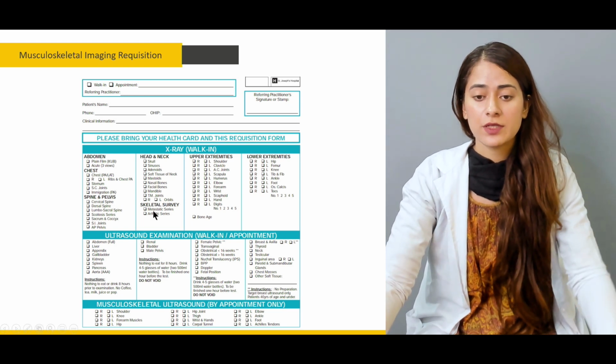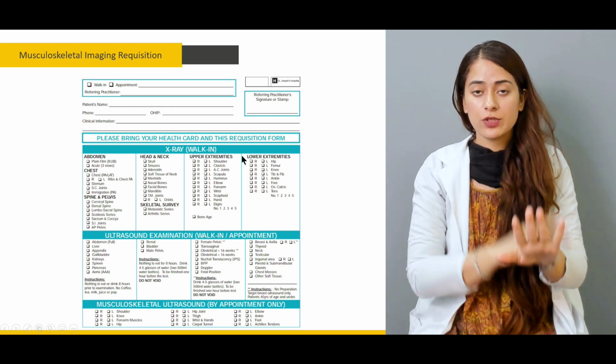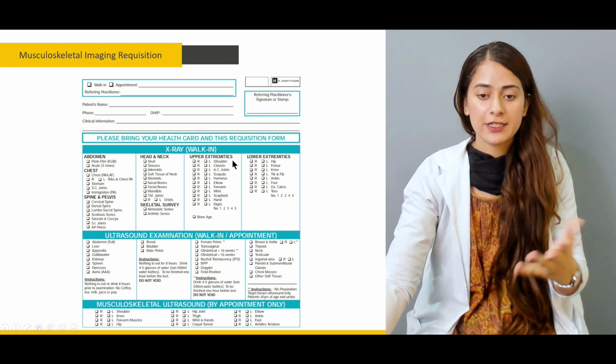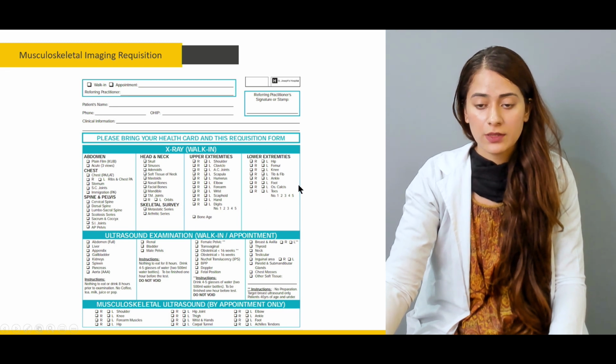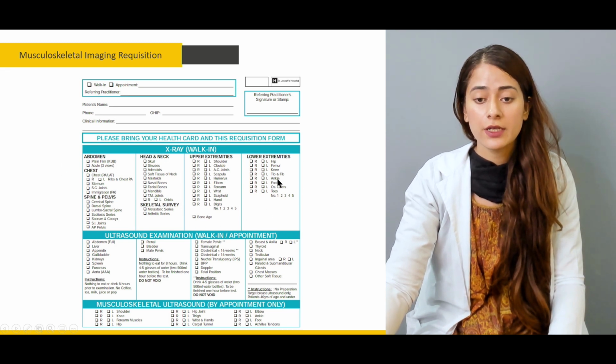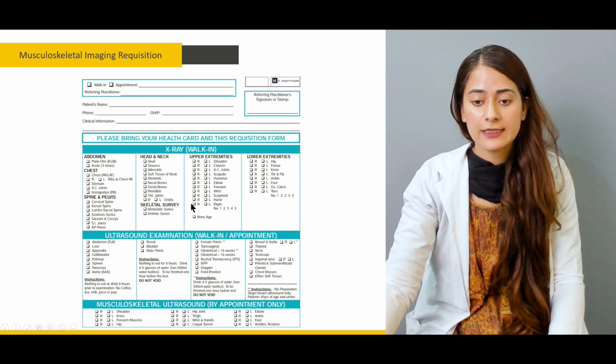All the body segments are written in this form, and the right and left, being extremities, are there too, so these boxes can be checked. This form covers the X-ray of every body segment: the head and neck, the abdomen, chest, spine, and skeletal surveys.